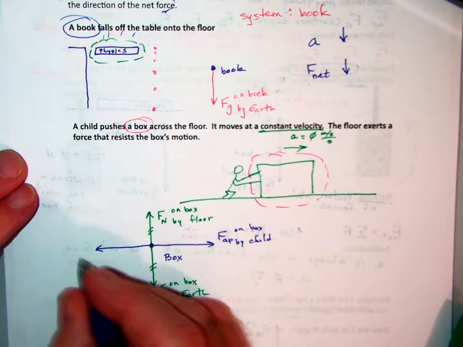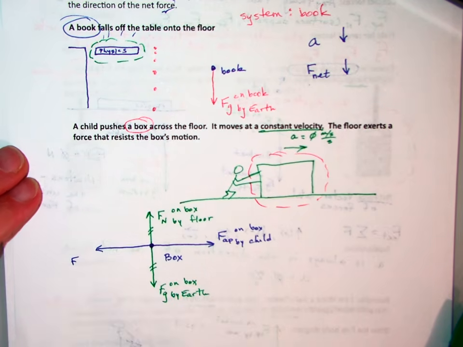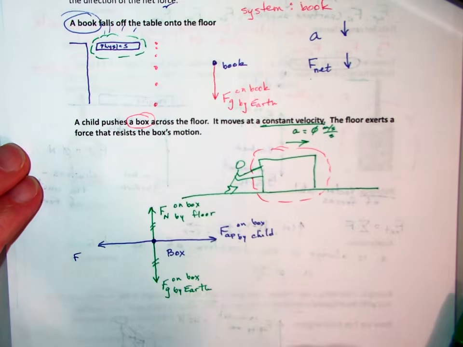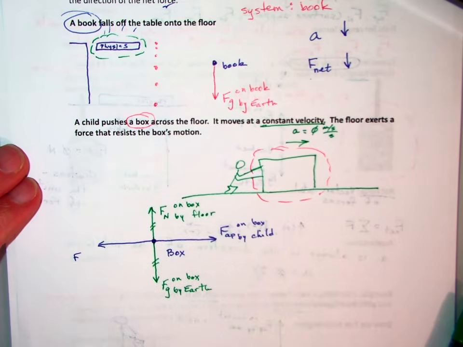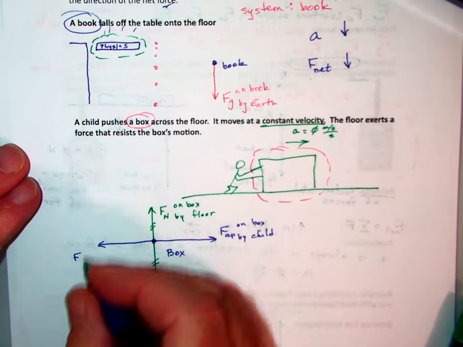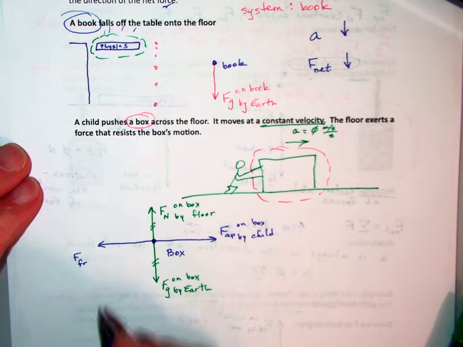in the opposite direction. I could call it an applied force because it says the floor exerts a force. I'm just going to go ahead and call that a friction force because that's what it is, and we will get to that.